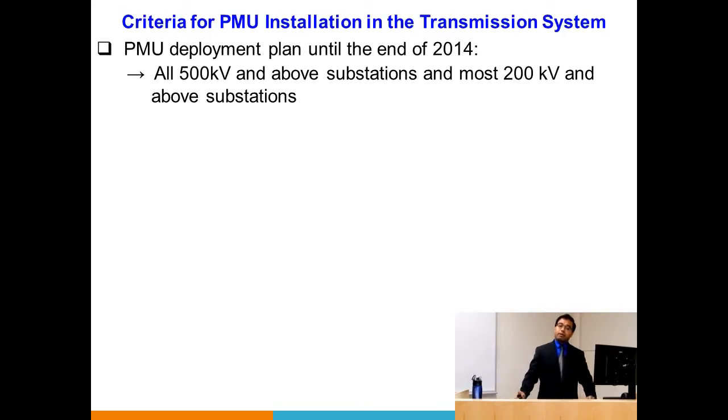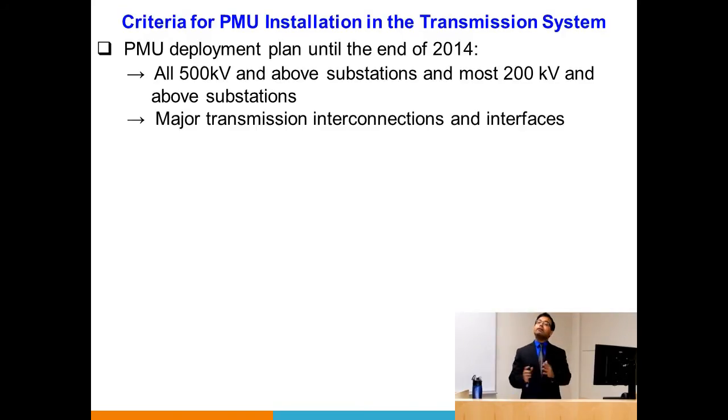Not only this, but major transmission interconnections and all the interfaces also need to have the PMUs, so that we can keep monitoring all the dynamics happening at those locations in the power system in a much more efficient manner.